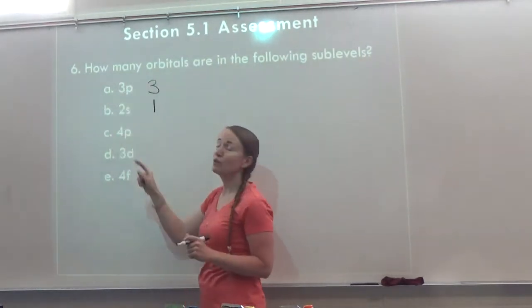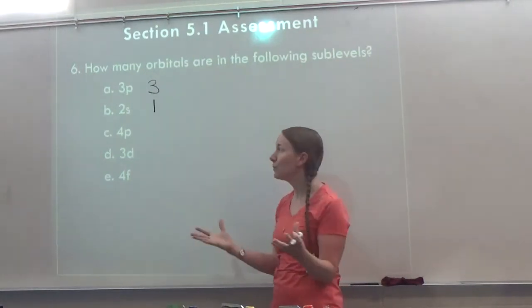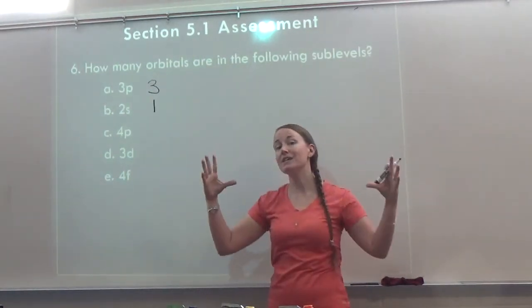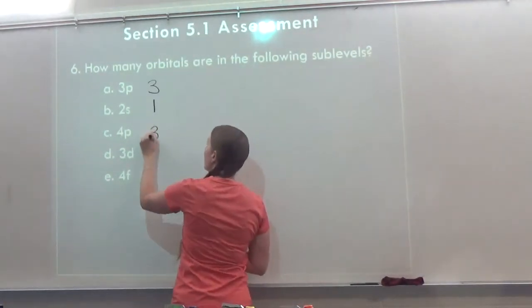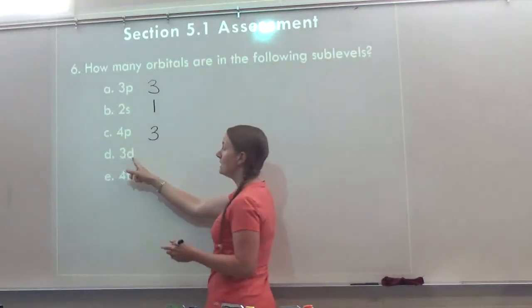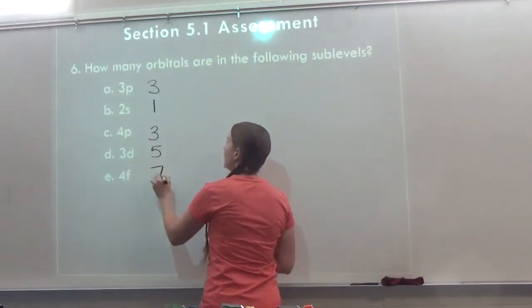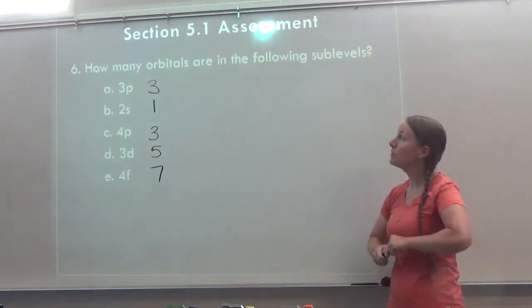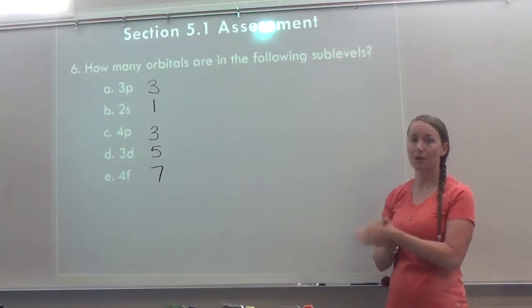The difference in 3p and 4p is 3p is the 3rd energy level, 4p is the 4th energy level. 4p is bigger in space, but it still has the same amount of orbitals: 3 orbitals, and can still hold 6 electrons. 3d, d has 5 orbitals, and 4f, f has 7 orbitals. Okay, so the orbitals and number of electrons are based on the letter, not the number in front.